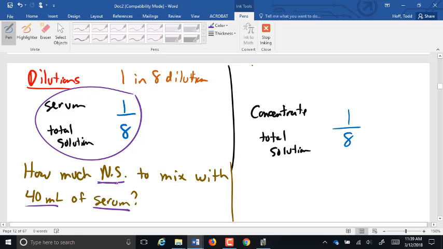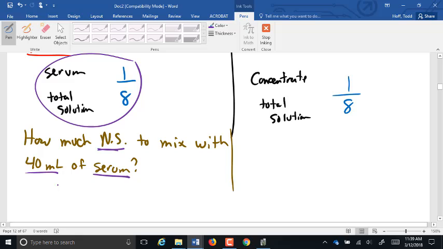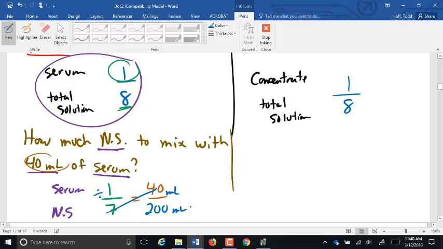We want the saline. So there's 1 part serum and 7 parts saline. We cross multiply and divide: 7 times 40 divided by 1 gave us 200 milliliters of saline, which we would combine with it.